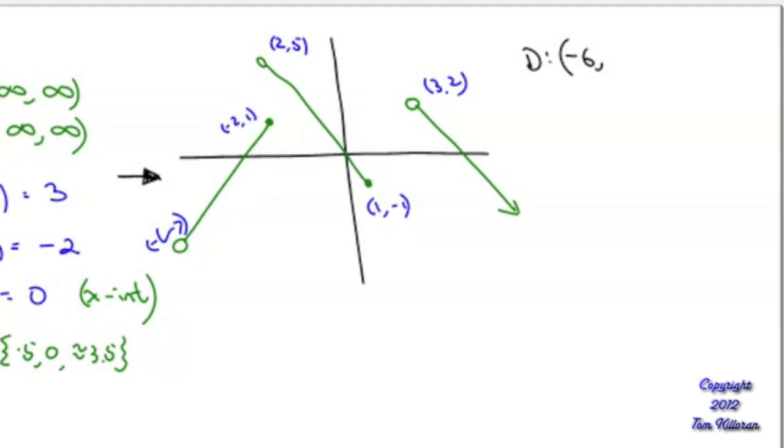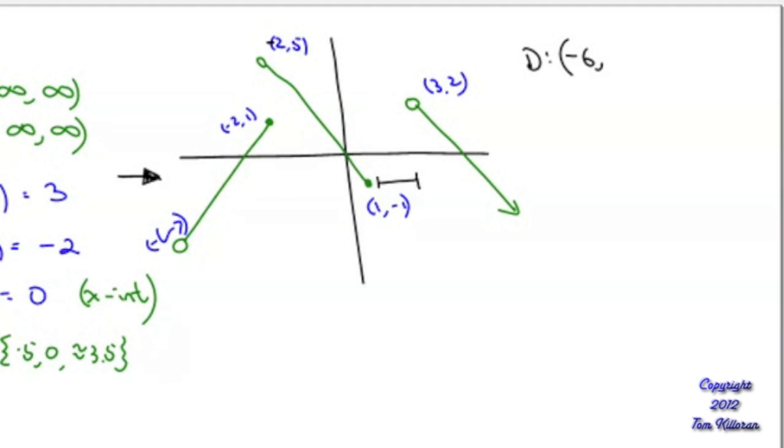No, there's a jump here. Are there any x values between (1, -1) and (3, 2)? No. At -2, there was an x value. This is (-2, 5), by the way, not (2, 5). It jumps up to here. So as you're traveling along, you can jump up here and you still have an x value.